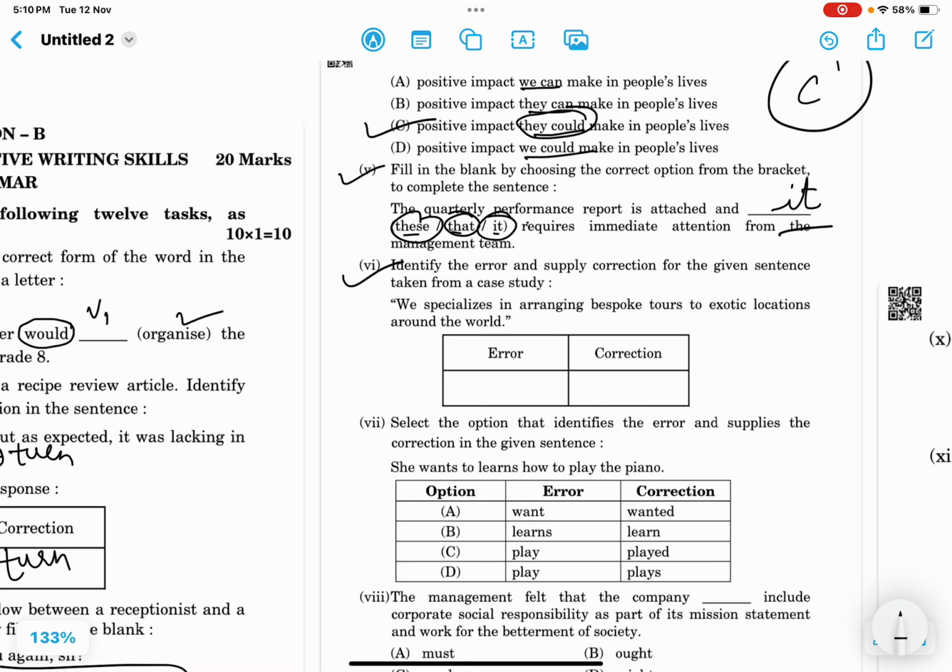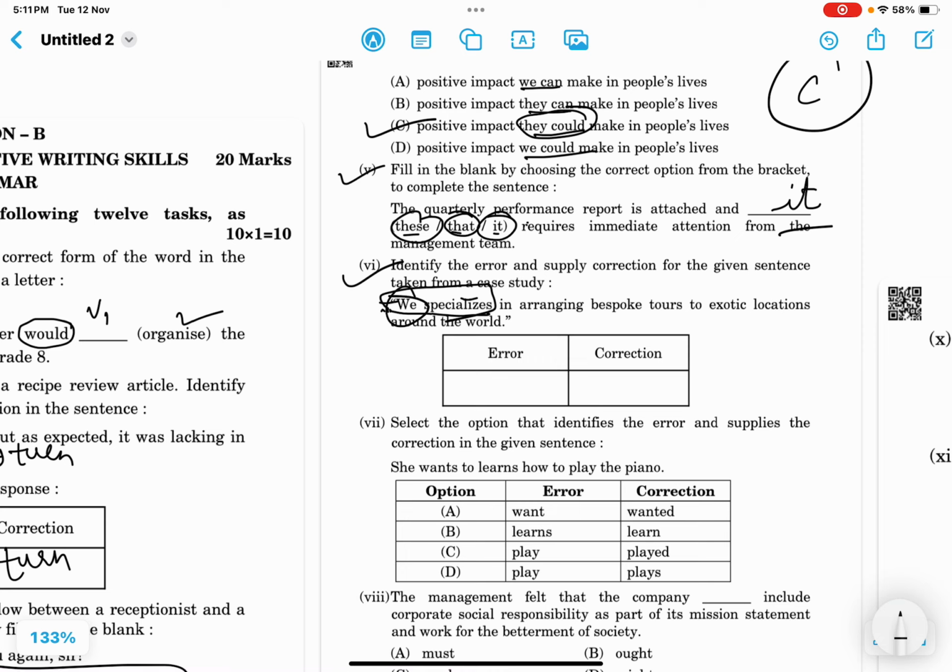We specializes. So no need to read further. Just in the beginning of the sentence, you can easily identify that the general rule of subject verb agreement has not been followed here. So we specializes. This is singular and this is plural, but we can't change the subject.